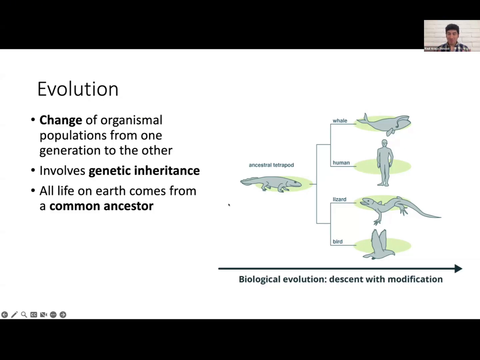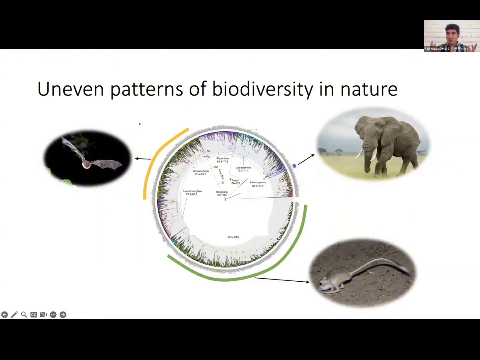The cool thing about evolution, when we look at biodiversity patterns in nature, is that it's not equally distributed. We have uneven patterns of biodiversity in nature. This is an example from mammals. This is a phylogenetic tree showing the different kinds of mammals that we have in nature. Some groups of mammals, like elephants, have very few species that exist today.